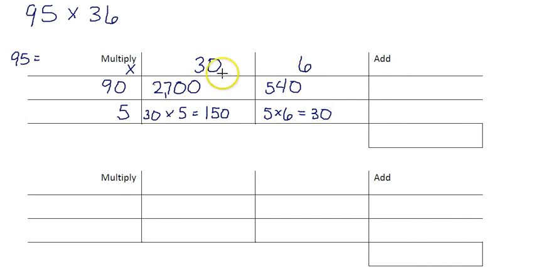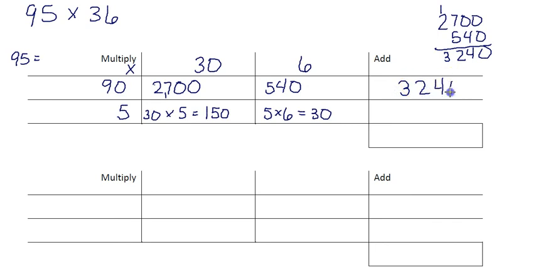Okay, now just like we did last time, we're going to add across here to get to our adding column here. Alright, so I'm going to do this one up here just to show you guys, because I can do this in my head, right? Alright, so 2,700 plus 540, and the answer here is 3,240.